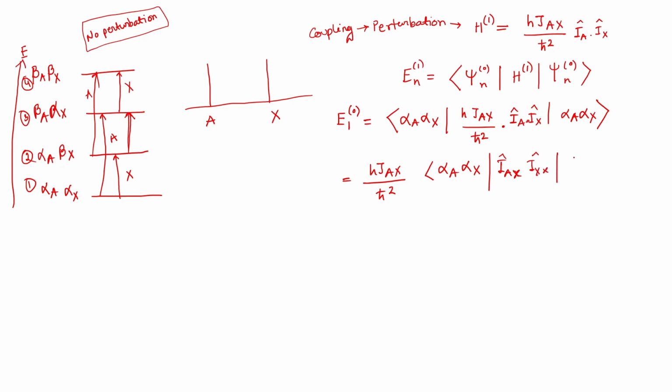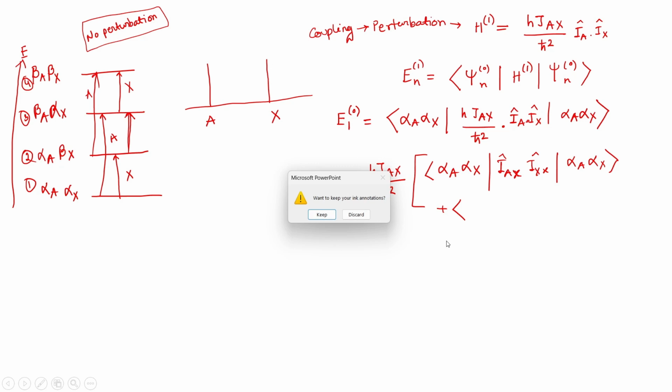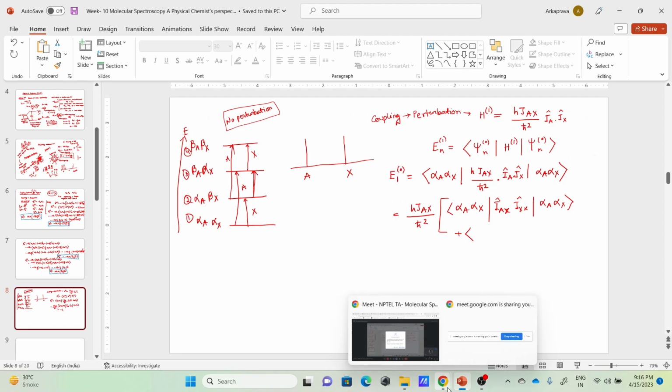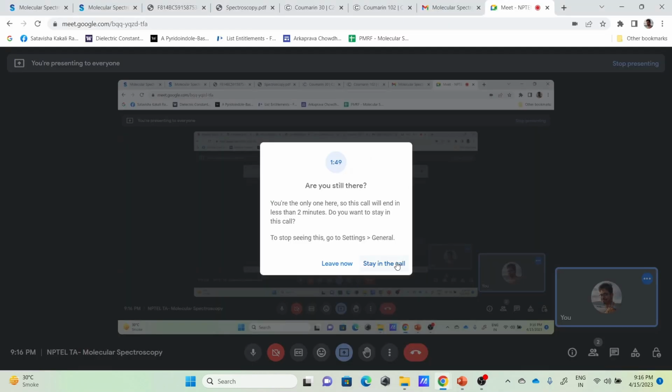Please don't confuse capital and small, because I was very much confused when I did the same. So suppose this is actually a dot product. Wait, I think we need to go to the main Google meeting, stay in the call, and then we come back.